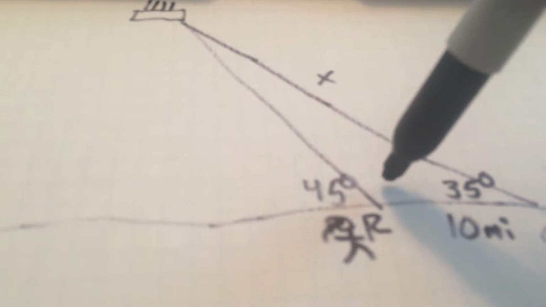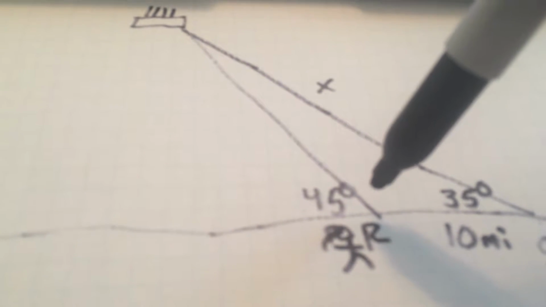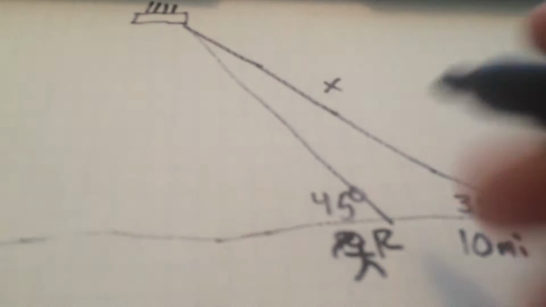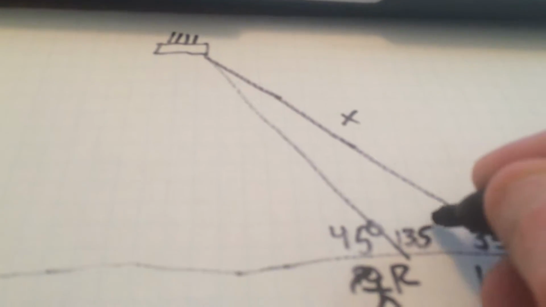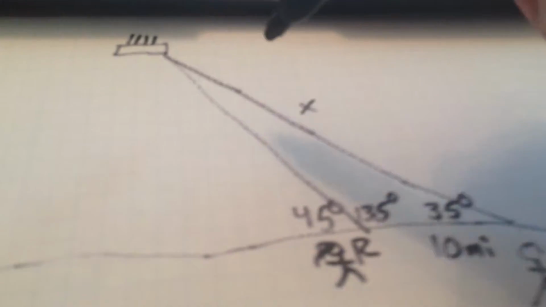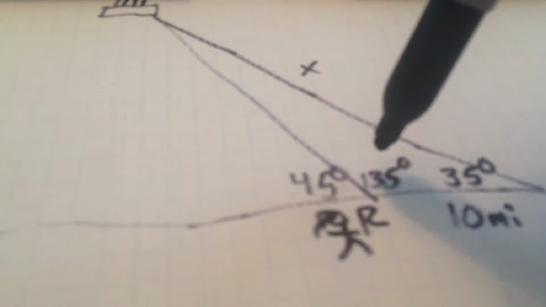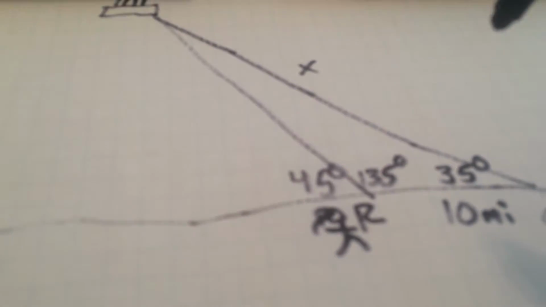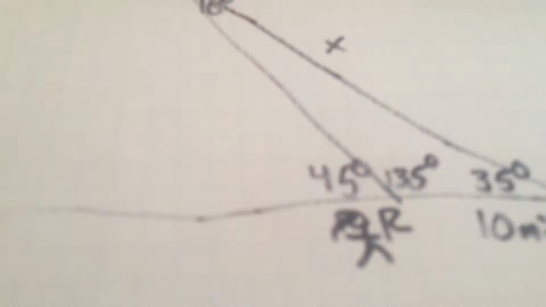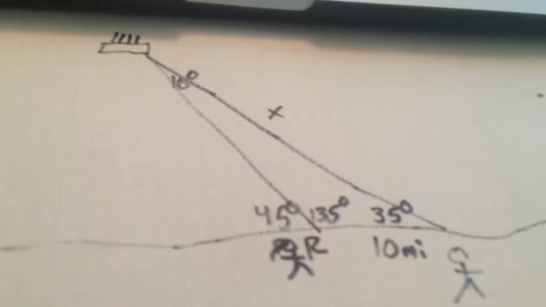Well, these two angles are supplementary, so you're going to do 180 minus 45, so that's going to give me 135 degrees. Therefore, this angle is, you're going to add 135 plus 35, and you're going to get 170 degrees. And all the angles of a triangle add up to 180. So therefore, that angle would be 10 degrees.